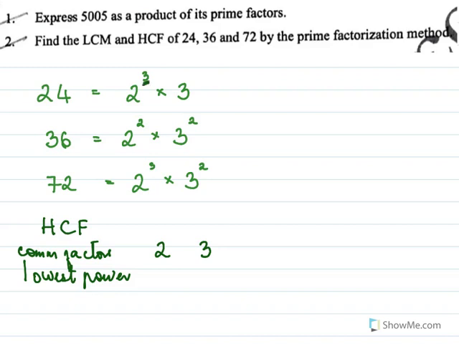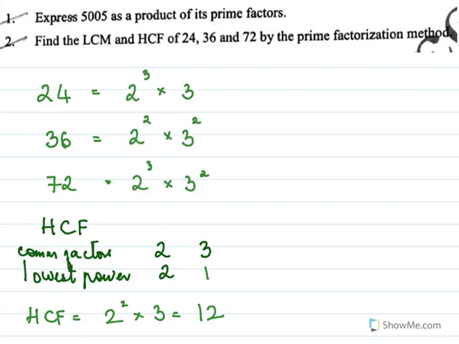The lowest power of 2, you see there is 3, 2 and 3. The lowest power is 2. And when it comes to 3, the lowest power is 1. So HCF equal to 2 raised to 2 into 3, which is 12.